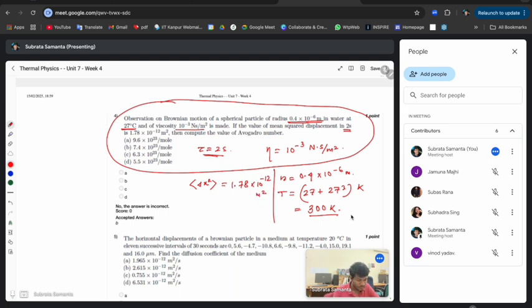Please correct me if I am wrong. Then compute the value of Avogadro number Na.